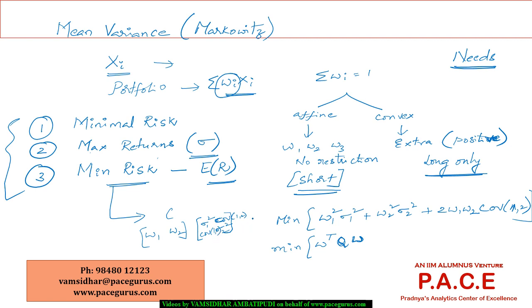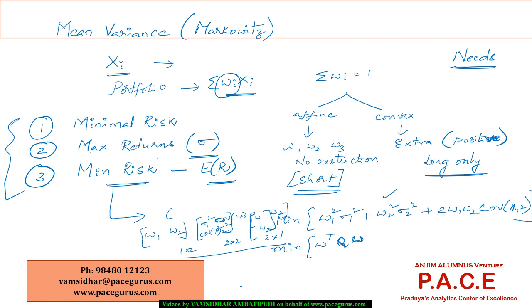This is the variance covariance matrix. And I have W1, W2, because this is the transpose. So this is a 1 by 2 matrix, this is a 2 by 2 matrix, and this is a 2 by 1. Now if you multiply all these three, this is what is going to be.